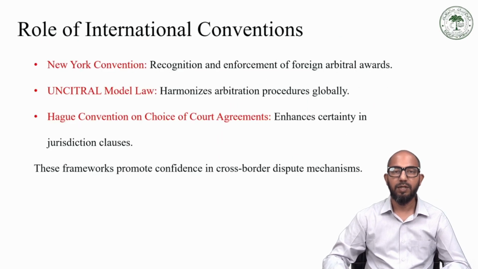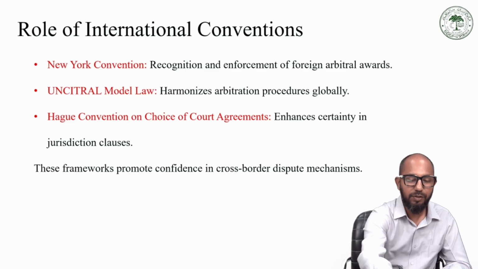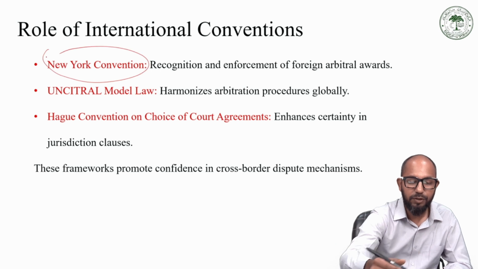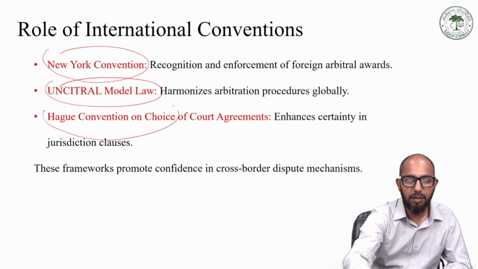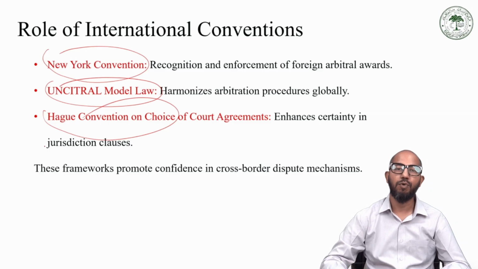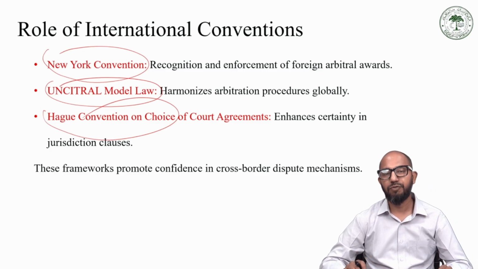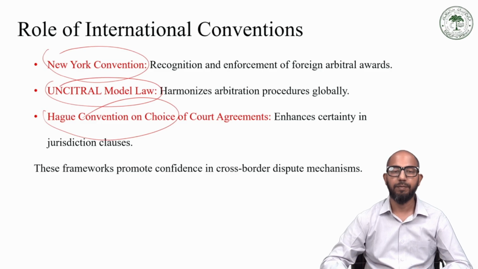Let us try to understand the role of different international conventions. Here we have mentioned three major conventions: the New York Convention, the UNCITRAL Model Law, and the Hague Convention on Choice of Court Agreements. These three are widely used conventions in global trade.